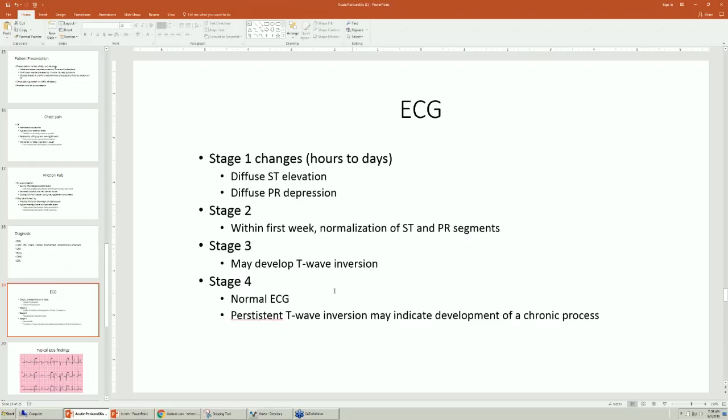And then as time goes on, they start flipping their T waves, and their EKG ST segment elevation looks a little different, and so it's evolving, and then they can wind up with persistent T wave changes, but a normal EKG. But there's some evolution of the EKG during the treatment period and during the stages of pericardial disease.